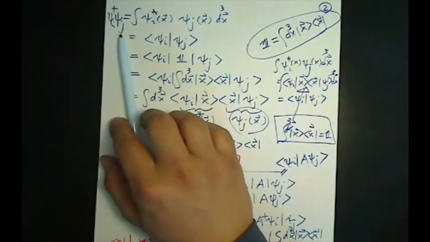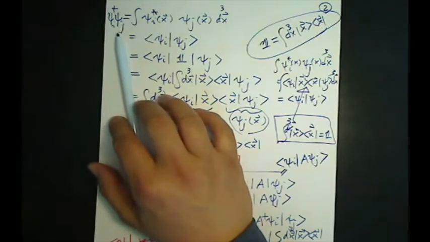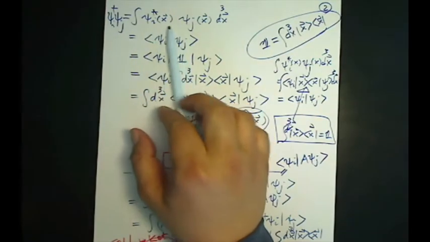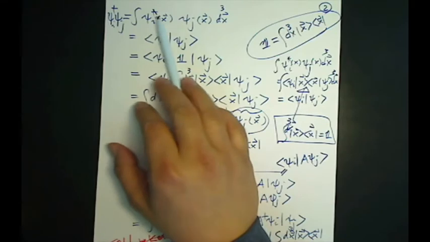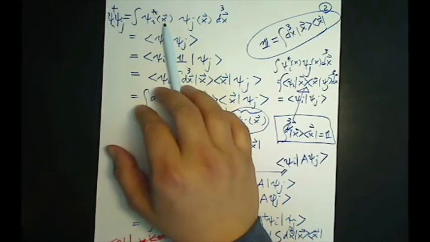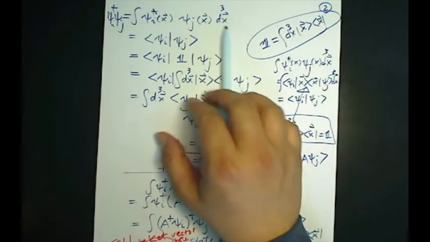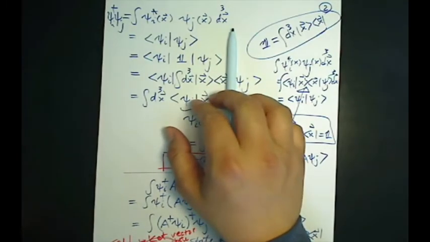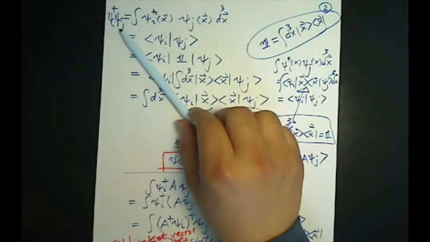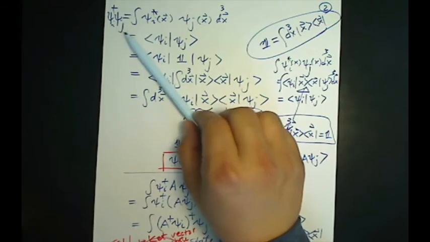And in the continuum limit, this can be evaluated as an integral of the wave function psi i star and psi j integrated over the space. And by definition, this is a scalar product between psi i and psi j.